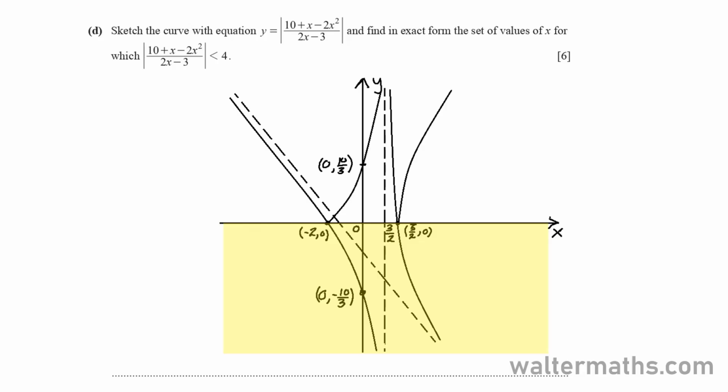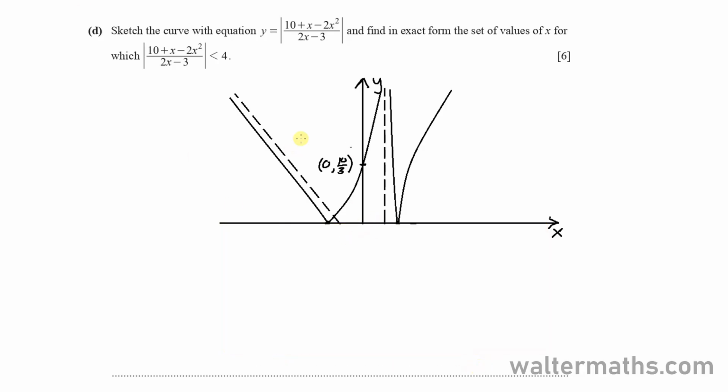So I'm going to remove the part that is below the x-axis, and this becomes the modulus graph. So I'll put back the intercepts here. We've got 0, and here we have 3 over 2, and here we have 5 over 2, and here we have minus 2. So this is how the graph will come out to be like.